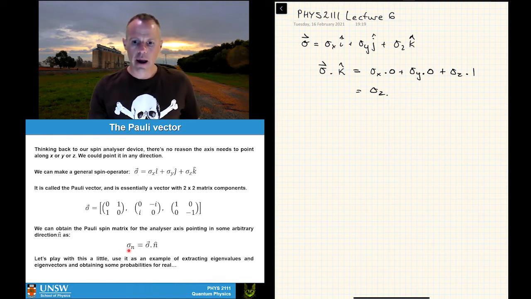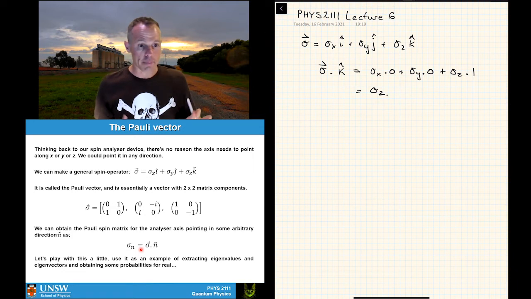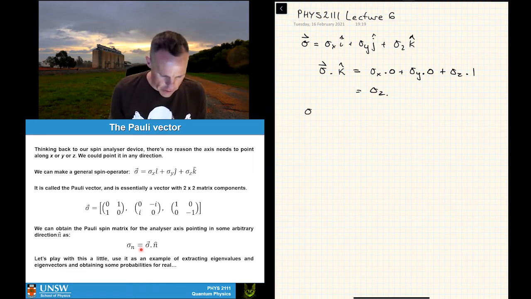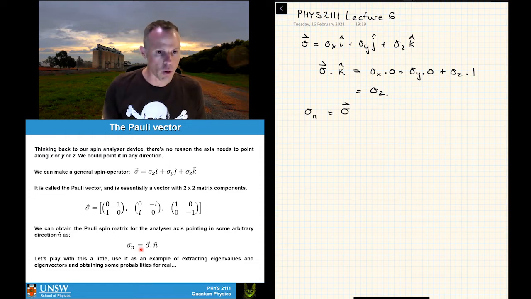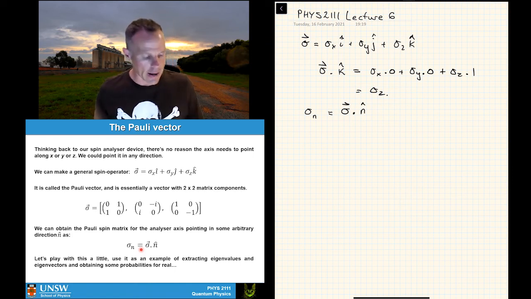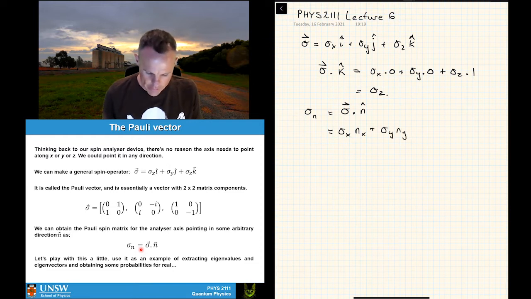So now we have an equivalent of a Pauli matrix for any particular direction that we might be interested in. Let's have a quick look at what this looks like, okay? So we have a sigma n, and that sigma n is equal to our Pauli vector dotted with our direction of interest n hat, okay? This would be sigma x nx plus sigma y ny plus sigma z nz.